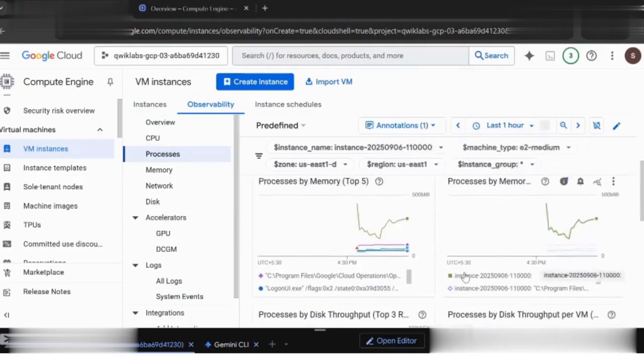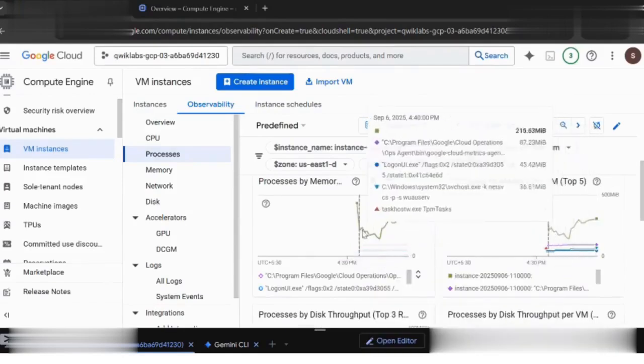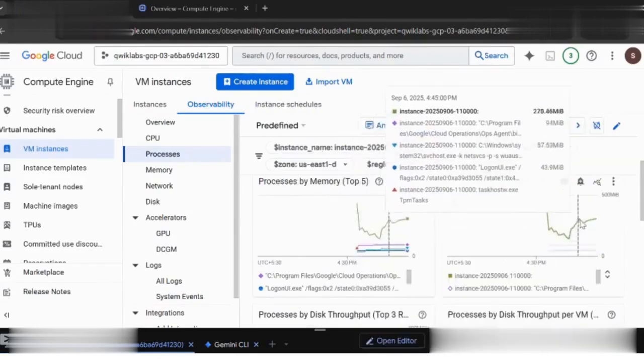On the memory side, top 5 memory-heavy processes and memory per virtual machine show where applications are consuming most RAM, highlighting potential inefficiencies.